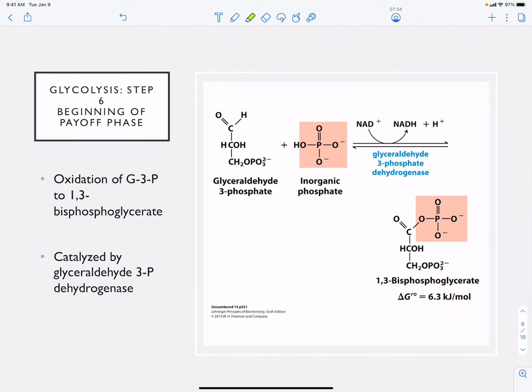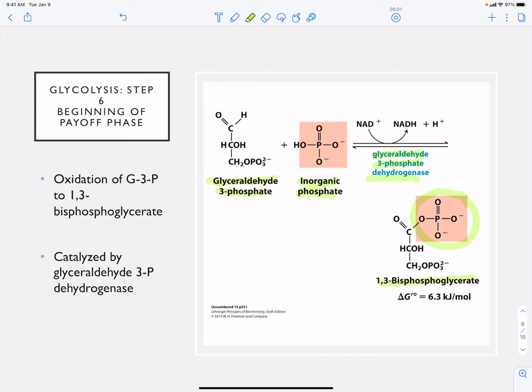Now again, we're starting here to pay off and make our energy. So in this case, we have glyceraldehyde 3-phosphate and an inorganic phosphate, and this is going to be a dehydrogenase. Now that's going to add your phosphate to glyceraldehyde 3-phosphate. And this is going to generate 1,3-bisphosphoglycerate.